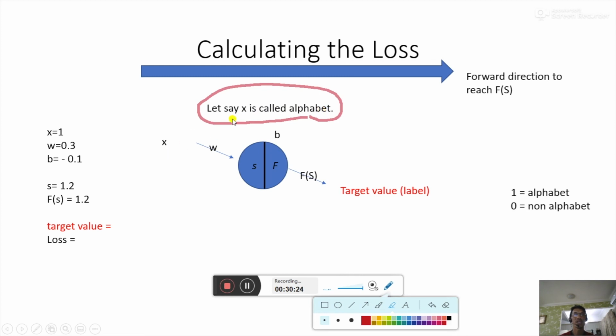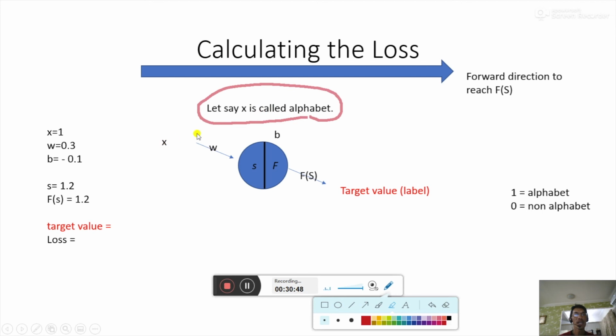Yes, x is an alphabet. We know it is an alphabet because we are human. If you take a photo of this x with your handphone and let the software figure out what it is, it's going to be difficult for the software. We have to tell the software that basically x is called the alphabet.